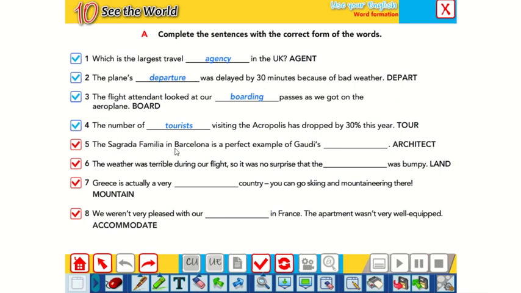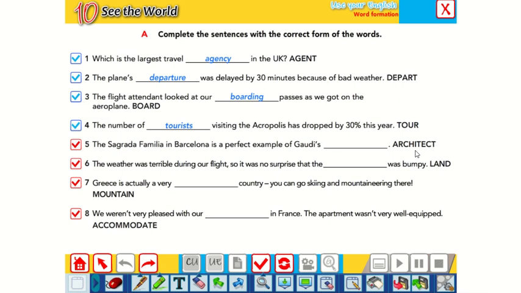So here we're talking about a place, the Sagrada Familia in Barcelona, the religious community in Barcelona. Can we use architect? Of course not. So what is the other word?